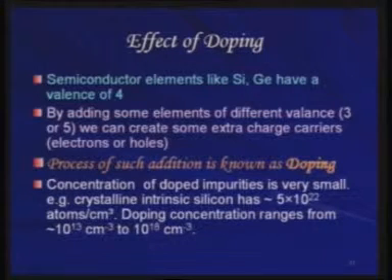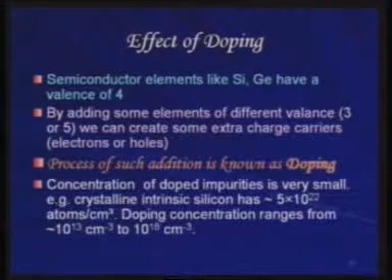In silicon or germanium, the valency is 4. If you add elements of a different valency, like valency 3 or valency 5, then we can create some extra charge carriers, like electrons or holes. This process of adding elements is called doping.